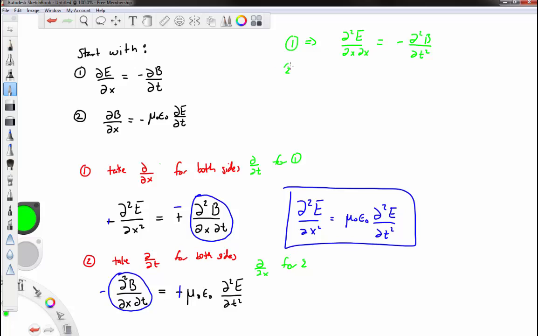And 2 then gives d squared B by dx squared is equal to negative mu naught epsilon naught d squared E by dx dt.